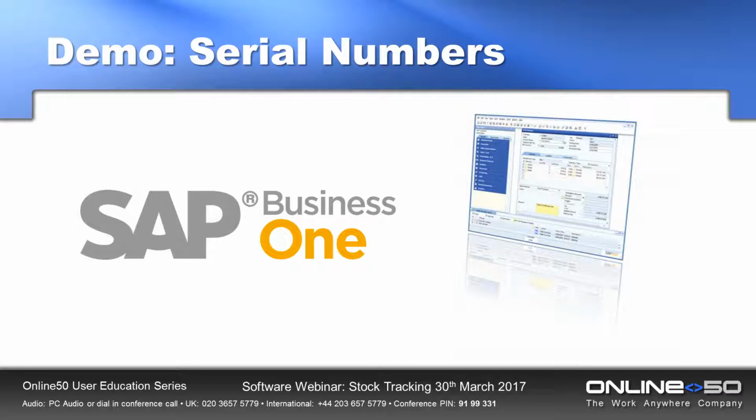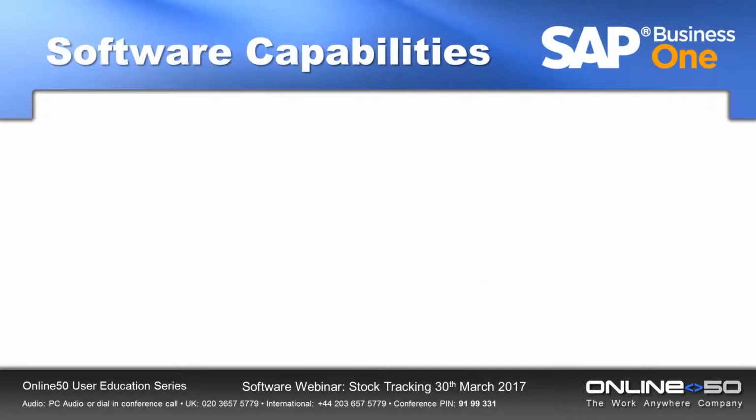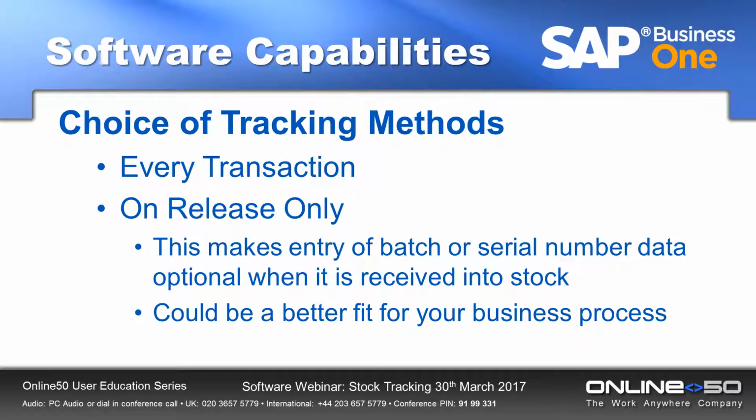We're going to carry on thinking about capabilities that we need. And we're going to think about how we actually track the product. What are our options for doing that? So Chris will take us through that in more detail. But briefly, we have the option to track on every transaction or on release only.